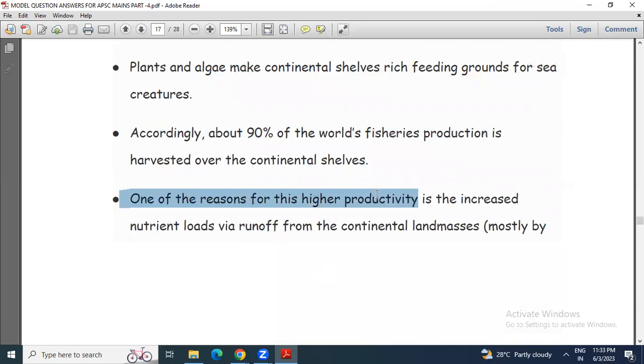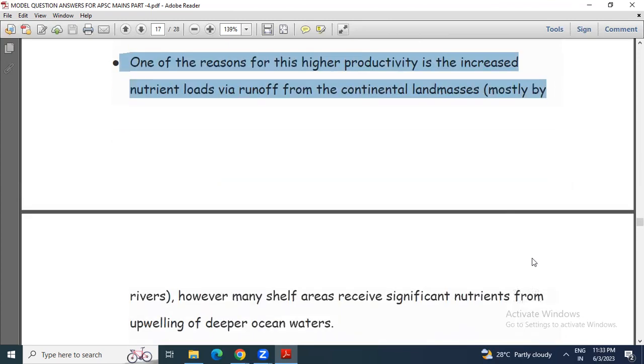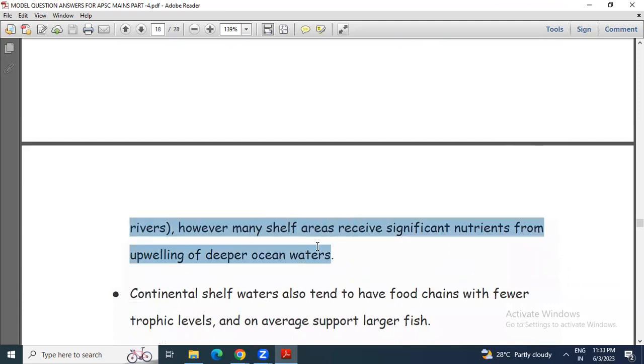One of the reasons for this higher productivity is the increased nutrient loads via runoff from the continental landmass, mostly by rivers. However, many shelf areas receive significant nutrients from upwelling of deeper ocean water.